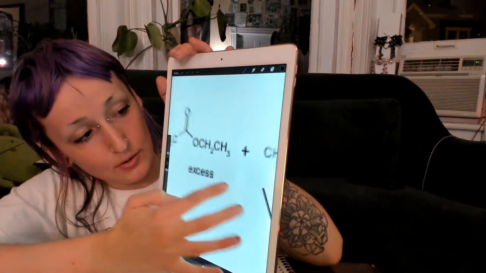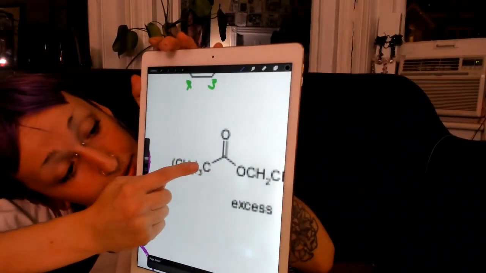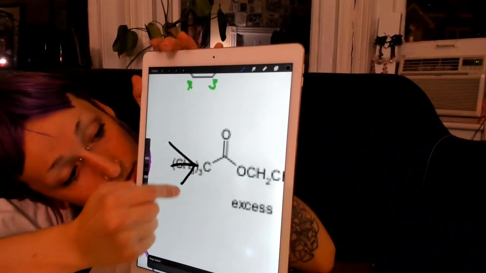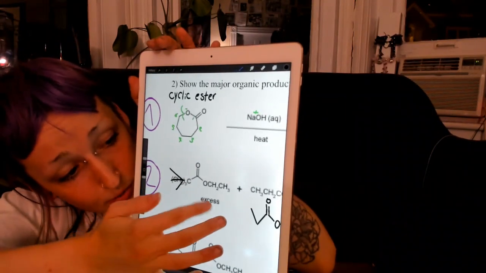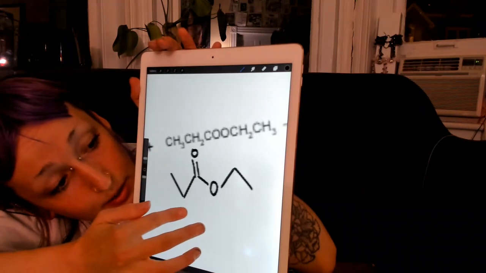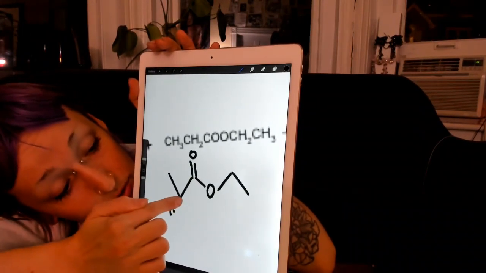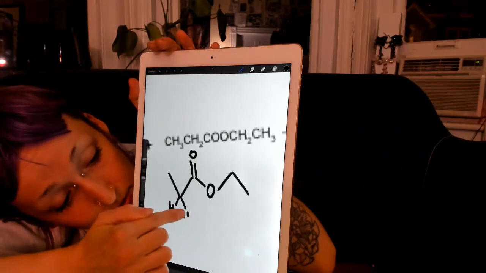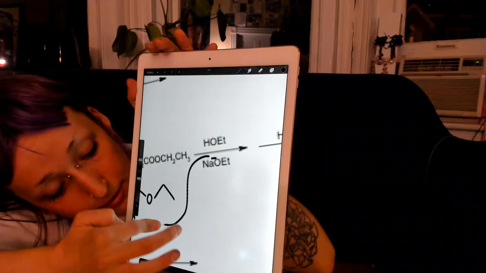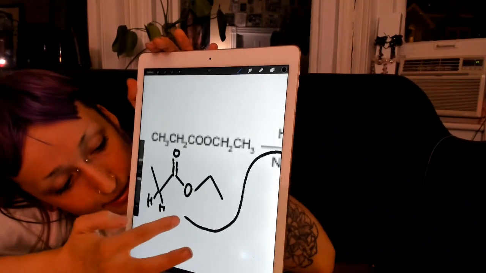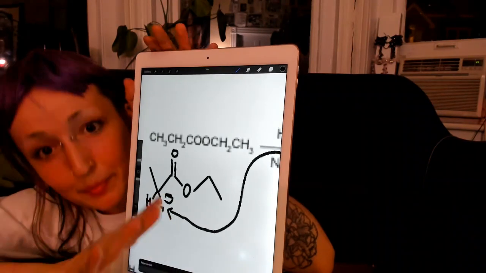If I look at this one here, there are none, because that is just a tert-butyl on the end and there's no hydrogen on that. So it's definitely not going to be that one. But there are 2 hydrogens here. So I'm going to choose one of these to react with the negative right here. It's going to grab this, and I'm going to form my first enolate.